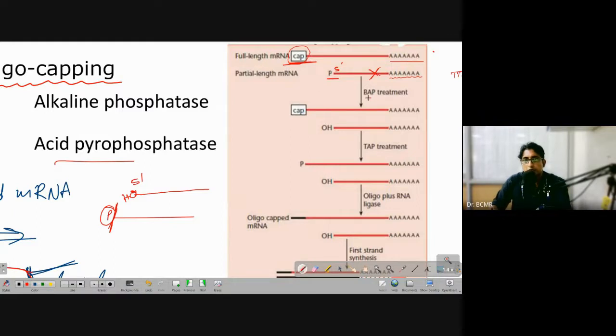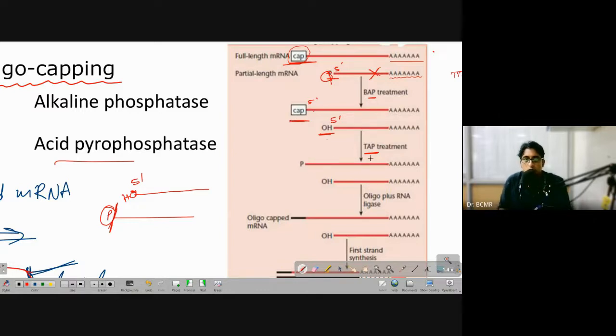When we treat with alkaline phosphatase, the phosphate group will be removed, right? We remember what alkaline phosphatase does during cloning as well. So the 5' phosphate has become 5' OH. The cap protects the 5' end of this full-length mRNA from the alkaline phosphatase treatment.